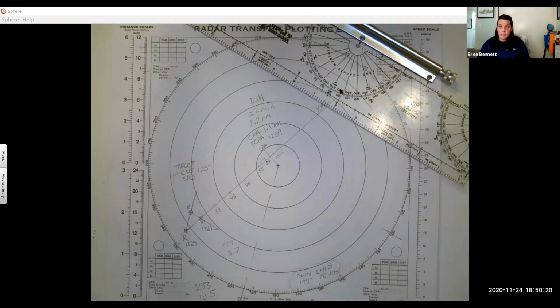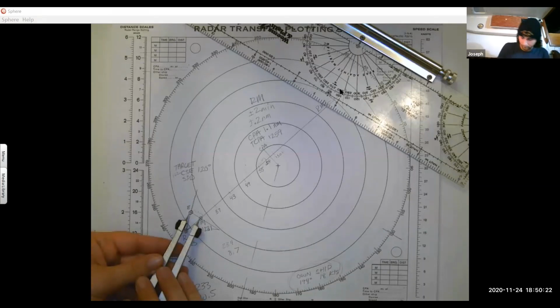Okay, and then we want their speed, so we measure that distance.